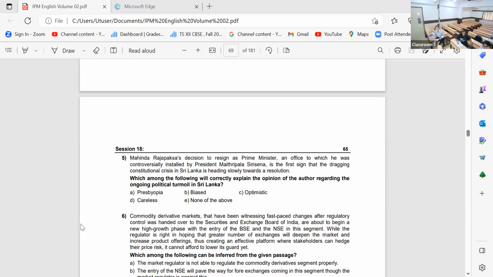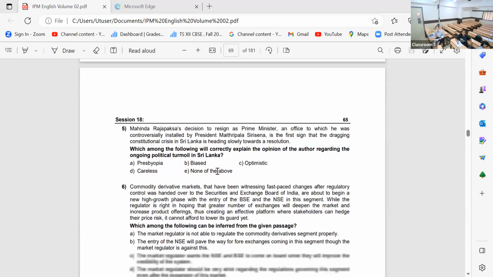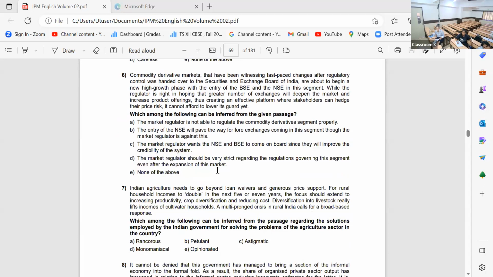Question number 6. They're talking in terms of the derivative markets. Fast-paced changes, regulatory control, new high growth phase. Ma'am, option B. I didn't get it.